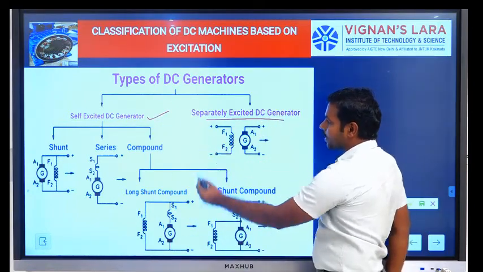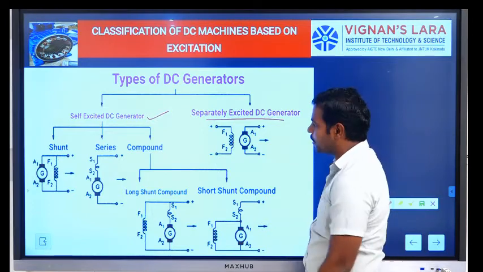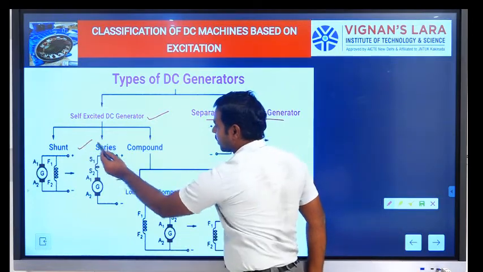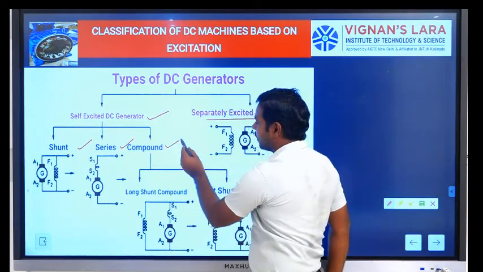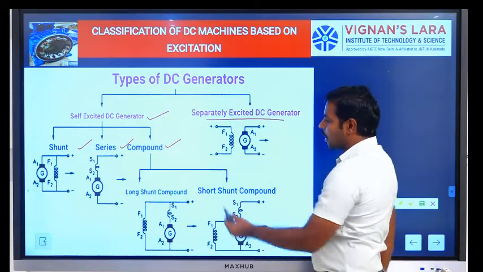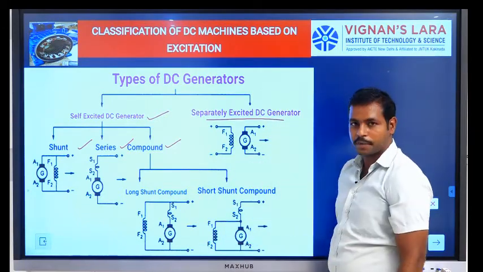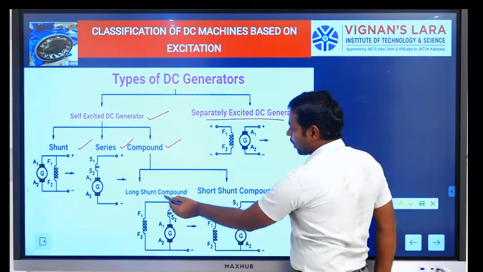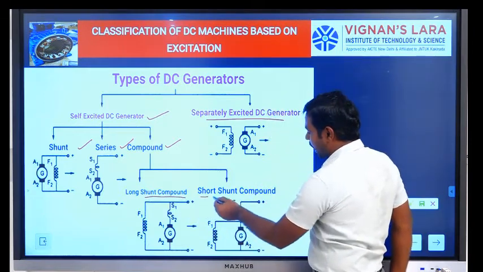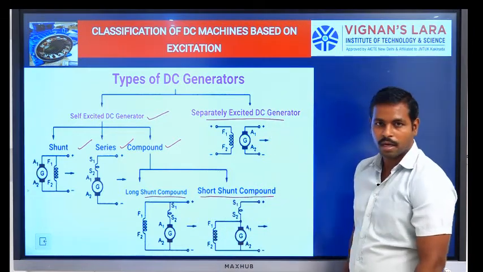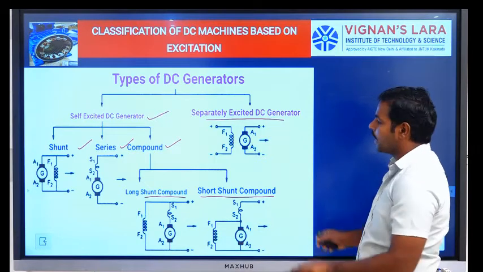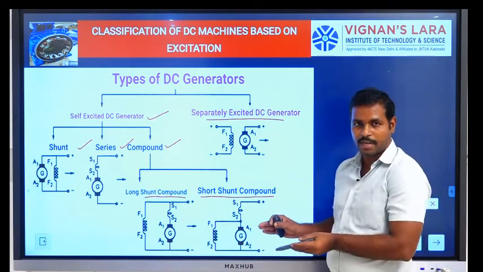Self-excited generators are again classified into three types: shunt generator, series generator and compound generators. Compound generators are again classified into two types: long shunt compound generator and short shunt compound generator. So we will explain each and every one.